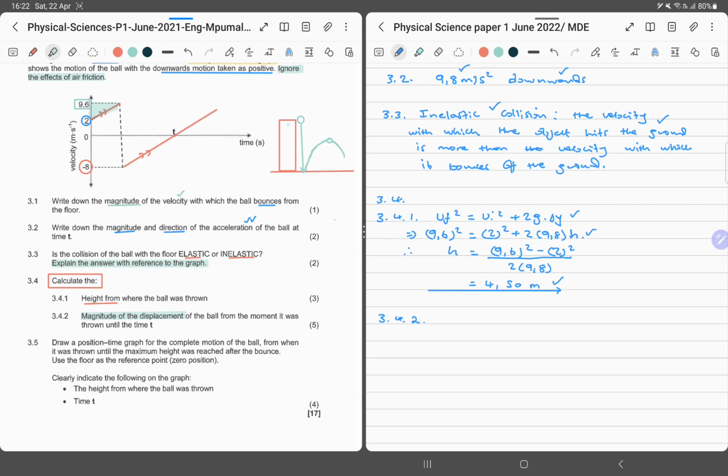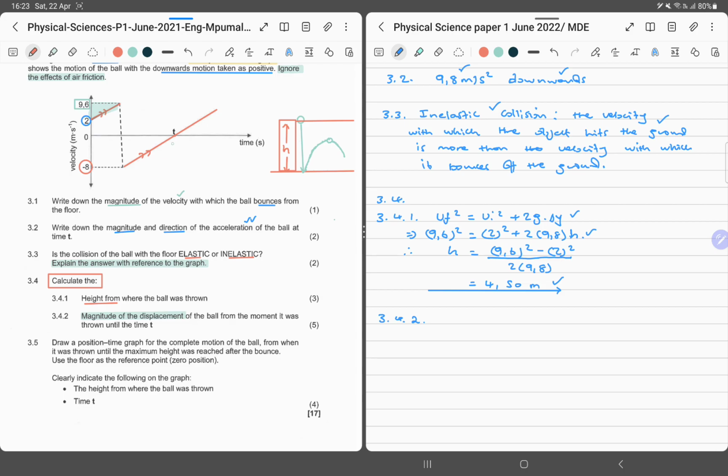Remember, the initial position is that height right there. Guys, time is flying and I'm not happy with that. So the initial position is that height, h, which we calculated right now.